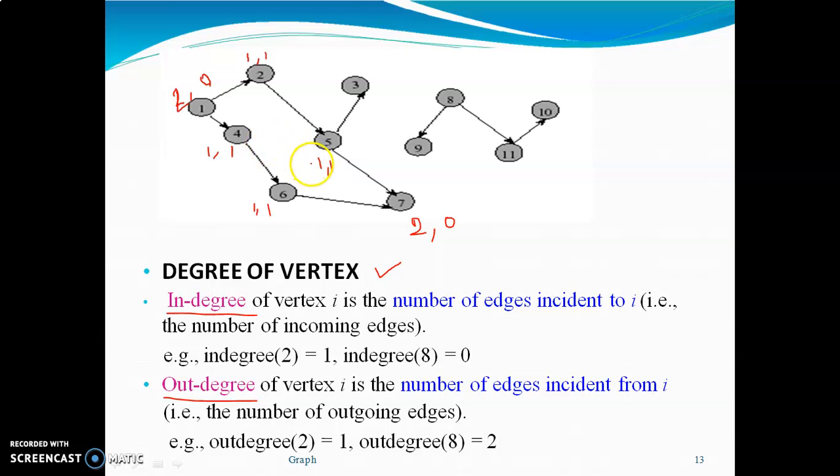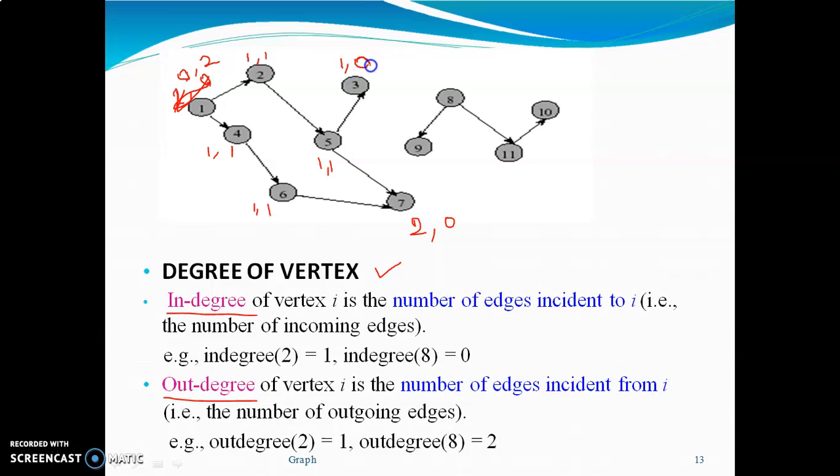If you are representing the first one as the in degree, then this one will be modified. 0 is the in degree and 2 is the out degree for this. So for all the vertices we will represent in degree first and then out degree. For 3, 1 is the in degree, 0 is the out degree.